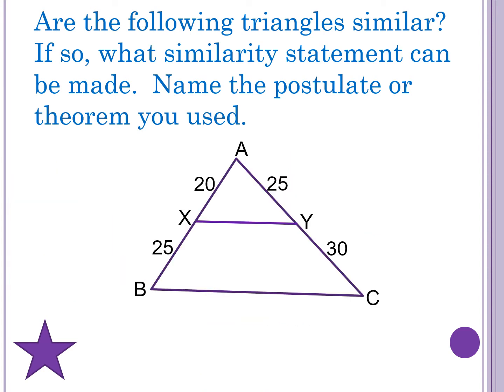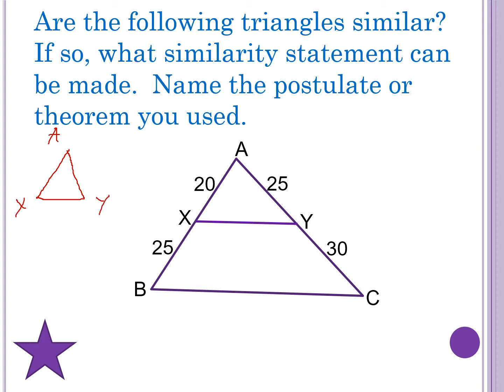Are the following triangles similar? If so, what similarity statement can be made? Name the postulate or theorem you used. So in order for us to visualize the given figure, let us draw the two triangles separately. First, we have triangle AXY.